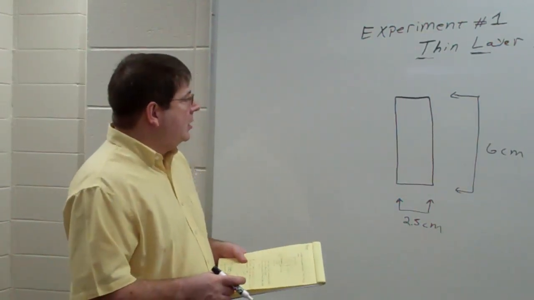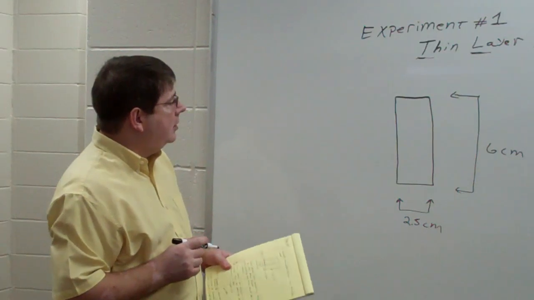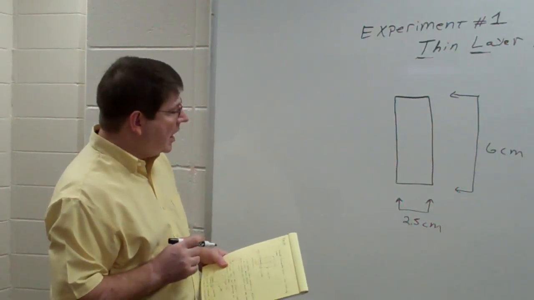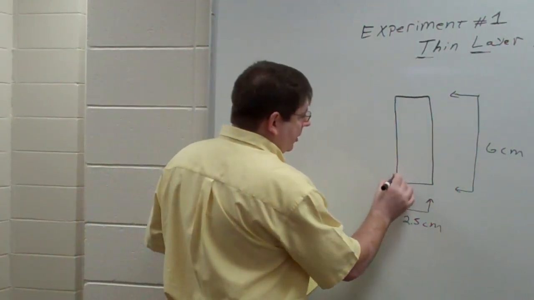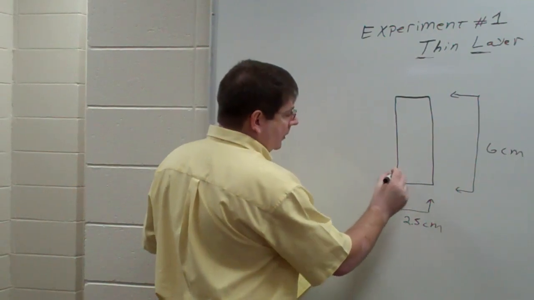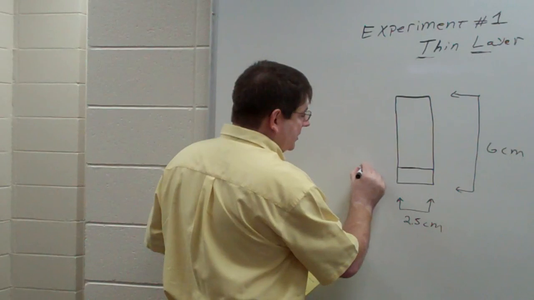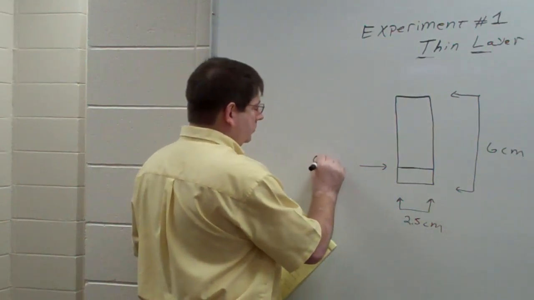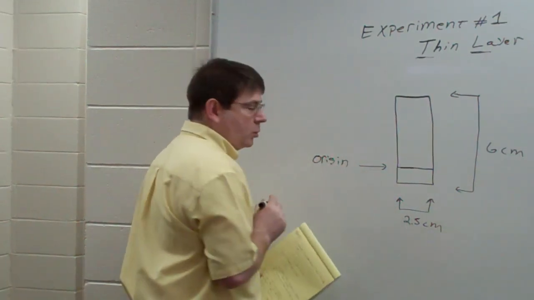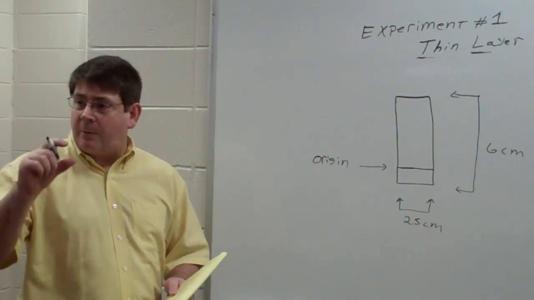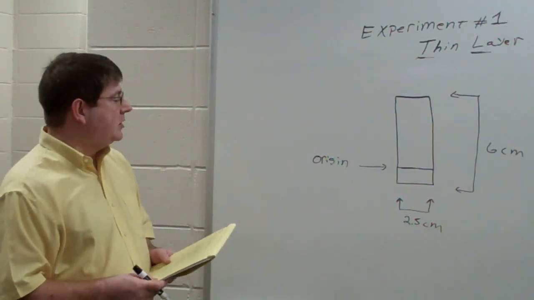Okay? So what we do with the TLC slide is you will come in and you will measure about 1 centimeter up from the bottom, and you will draw a very light line with a pencil. This line is known as the origin. This is where everything begins from, and you need to be up about 1 centimeter on the slide.